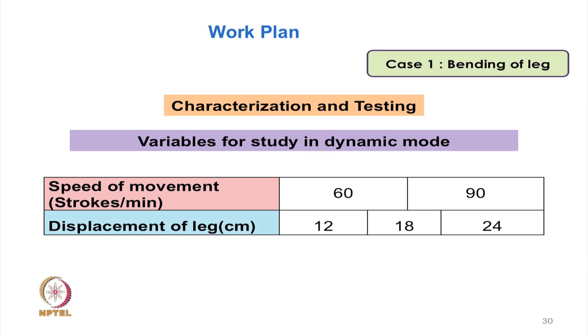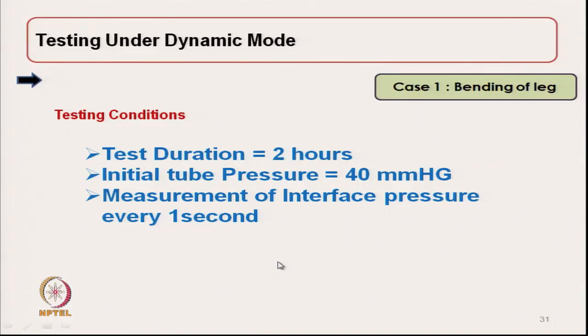The displacement of the leg, that means the stretch of the leg, a person moving or walking with a smaller step or a longer step, simulates the level of bending of the leg, with displacements of 12, 18 and 24 centimeter, and the test duration is 2 hours.